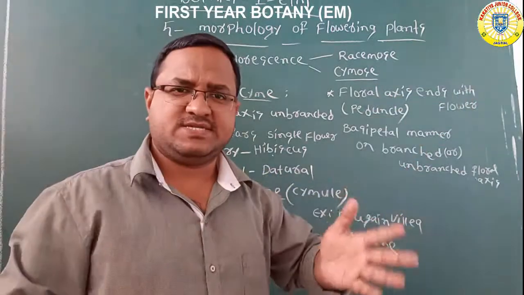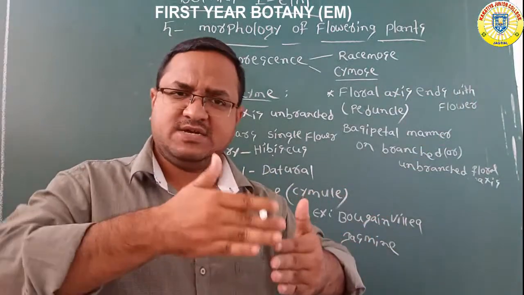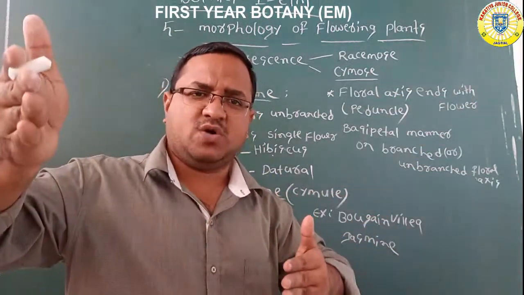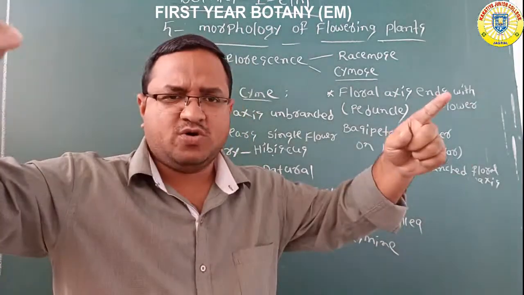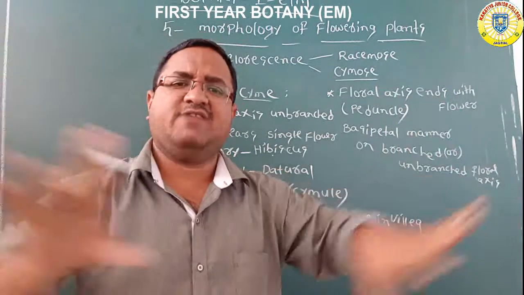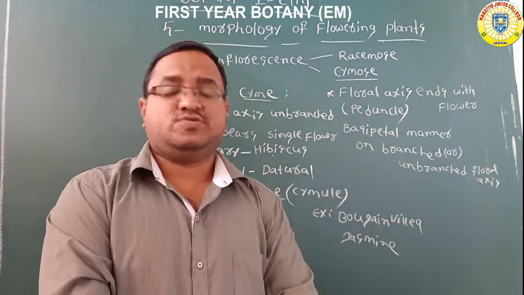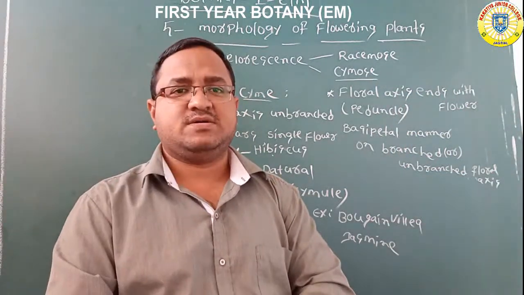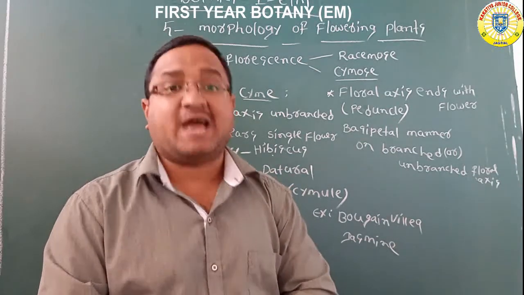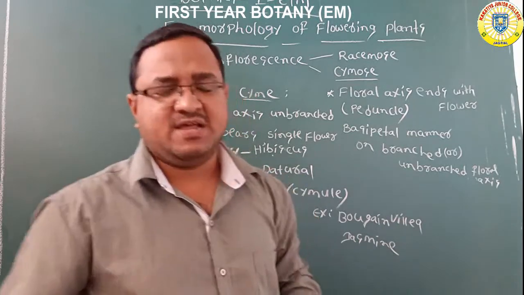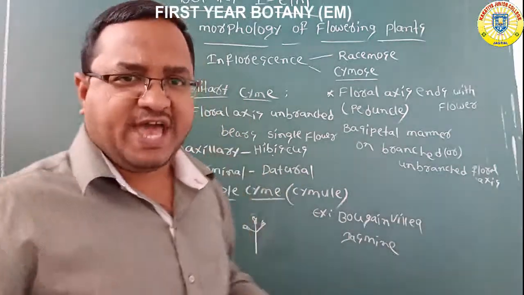So based on the number of branches, cymose inflorescence is divided into mainly three types: monochasial, dichasial and polychasial.